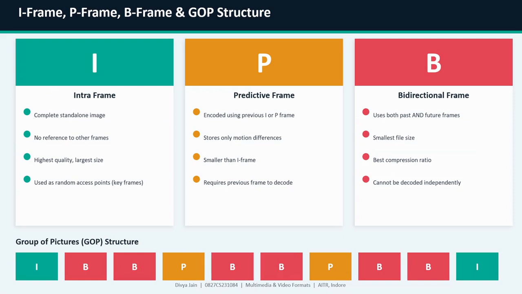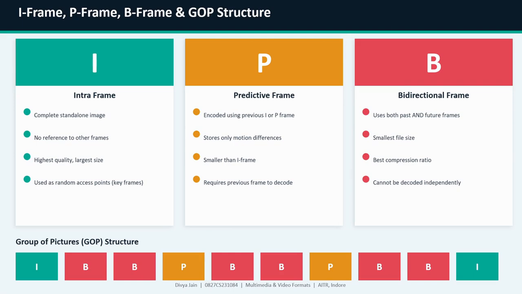I-frame, B-frame, and GOP. DCT handles compression within a single frame. But consecutive frames in a video are often very similar. MPEG exploits this with 3 frame types. I-frames are complete standalone images. Largest in size, but they're the key frames used for random access.